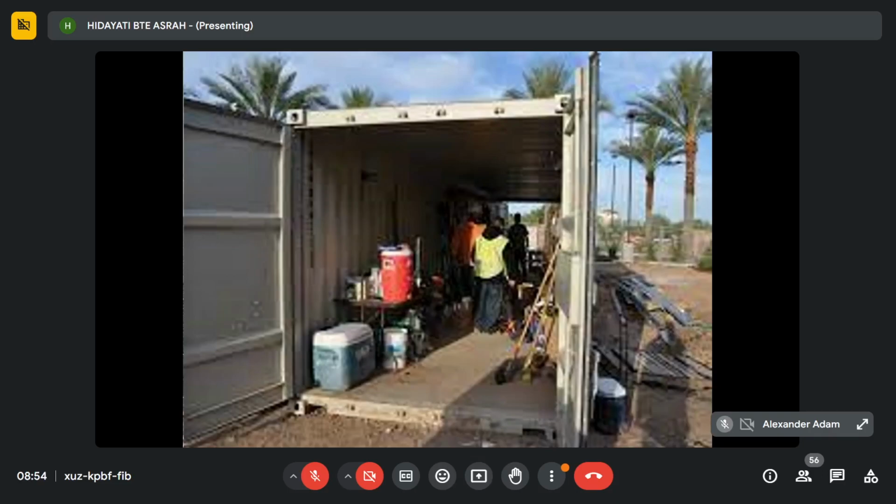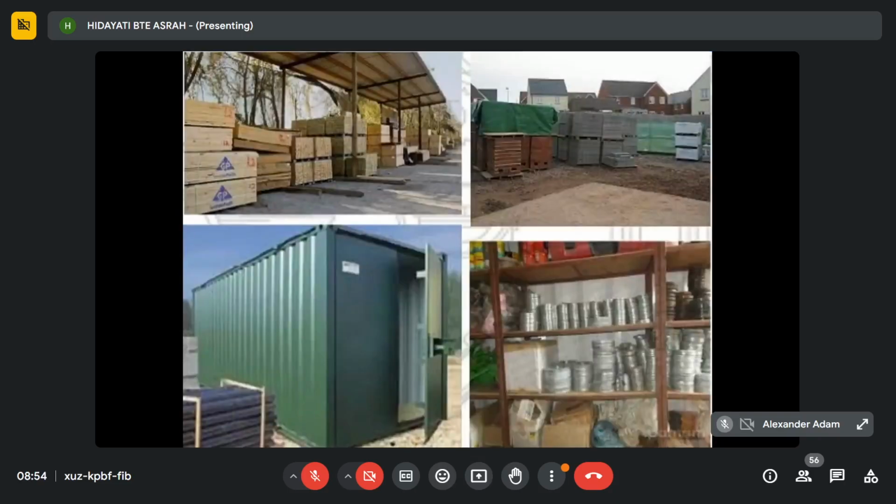And for aggregates and sand, it requires a clean, firm base. You have to make sure that the storage for aggregate and sand is a clean area, and keep different materials and grades separate. If you have different sizes of coarse aggregates, then you have to properly store them in different areas.